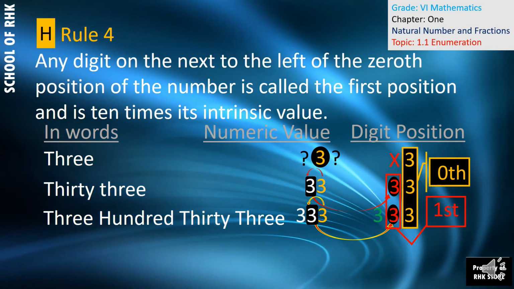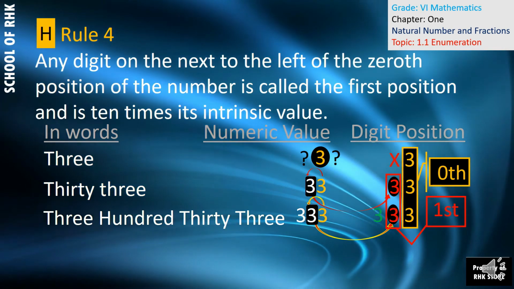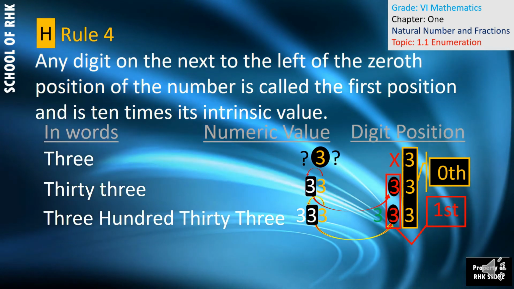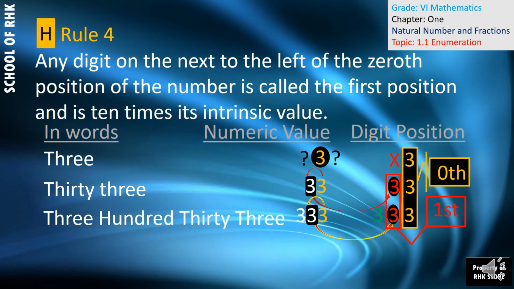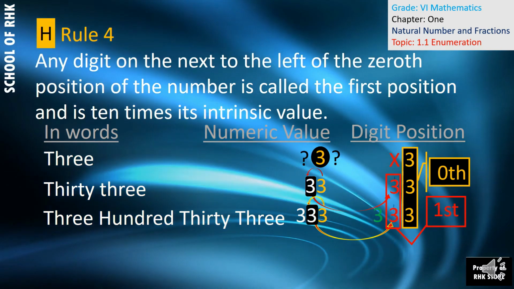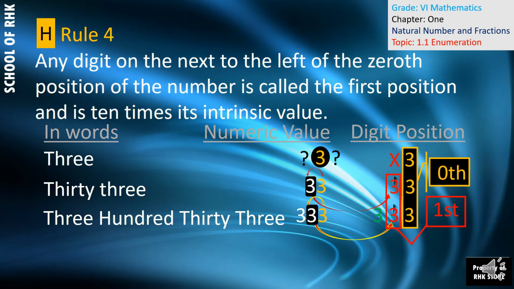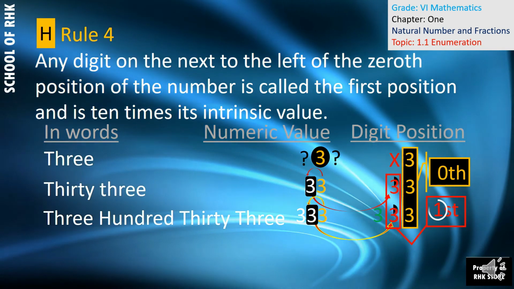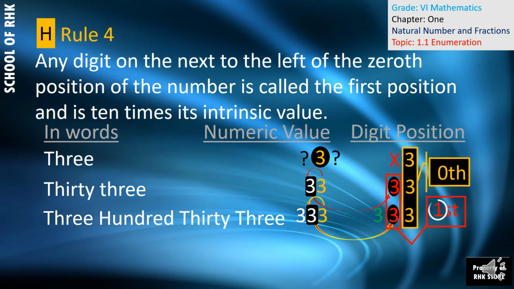Since these two 3's in the red colored box are the first digit from extreme right to left of the numbers 33 and 333, the position counting of these digits will be 1.